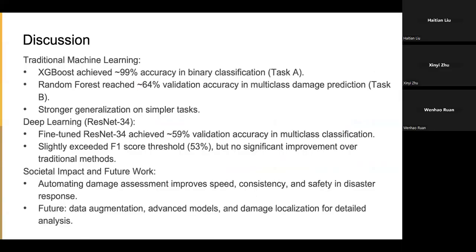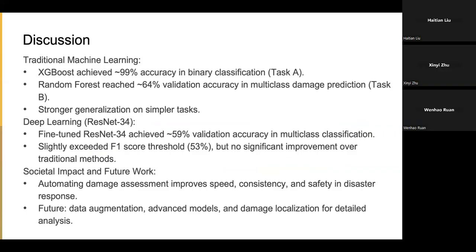And the last part is the discussion part. From the results of our three models we introduced before, we find that for simpler tasks like binary classification, traditional machine learning models, especially XGBoost, performed extremely well, achieving around 99% accuracy in task A. And also in multi-class damage prediction, random forest also performs very well, which achieved about 64% validation accuracy.